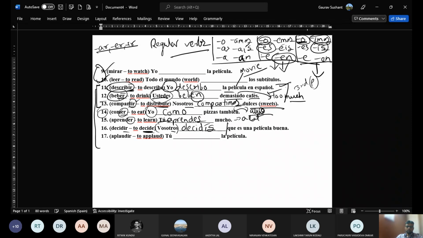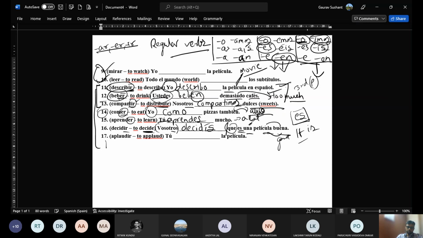Okay, que is that. Es una película buena. So as you have been told earlier, when you start the sentence just with es, the subject is hidden there, and after that the verb is es. Obviously it's a verb, you have to pick. So you all decide that it is a película buena. Buena is good, so it is a good movie. Película I have just told here. Okay, here it is a good movie.